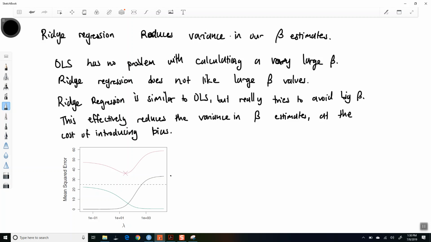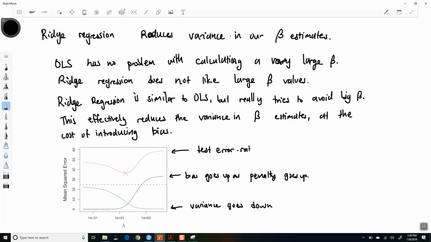Okay, so this is bias. Bias goes up. Penalty goes up. The variance goes down. And this is the test error rate, okay?